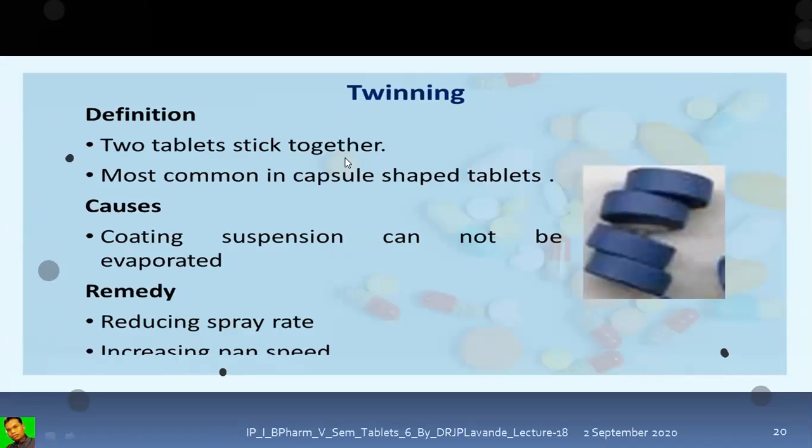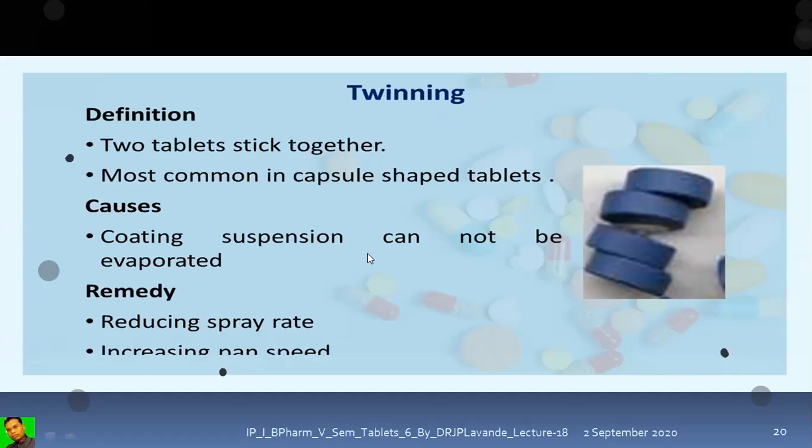So two tablets are sticking together, most common in capsule shaped tablets. Why is it most common in the case of capsule shaped tablets? Because they have a larger surface area which comes in contact with each other. That's why the twinning defect is very common in the case of capsule shaped tablets or the elongated tablets.